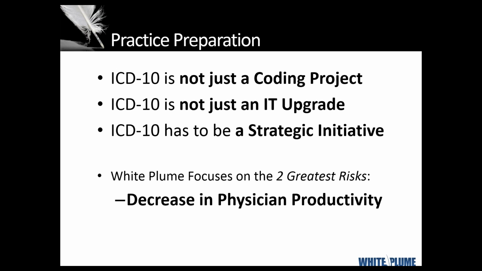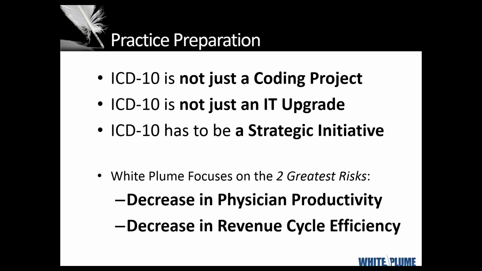And again, the big risk that we recommend focusing on is, number one, doctor productivity. Absolutely have to do that. But number two is revenue cycle efficiency. And when I say revenue cycle efficiency, what I mean by that is how many people, how many billing staff, how many hours do they spend to collect your cash flow, and at what rate?